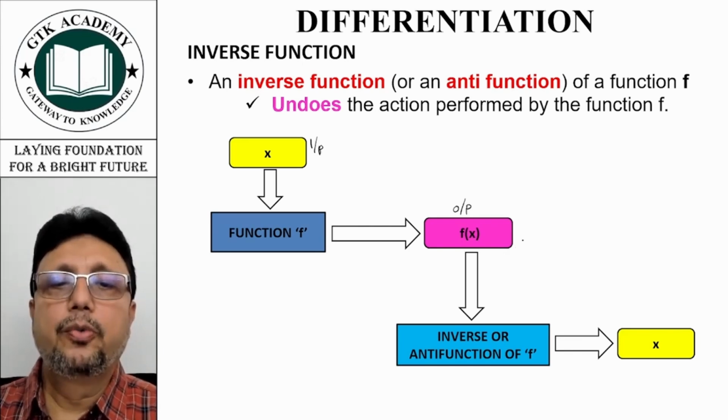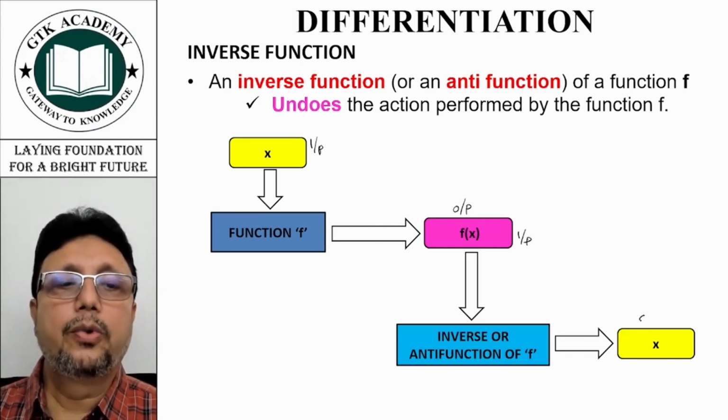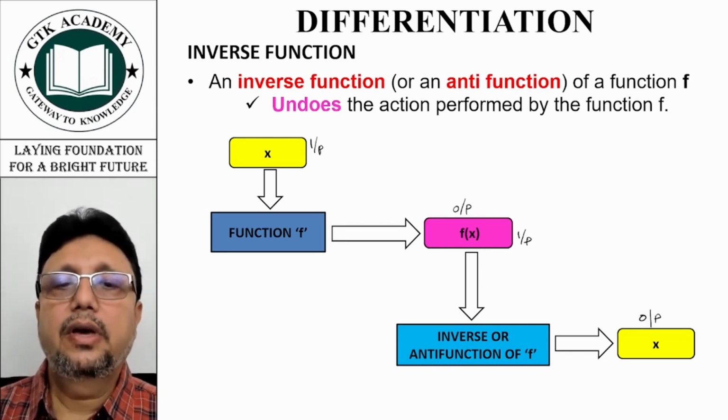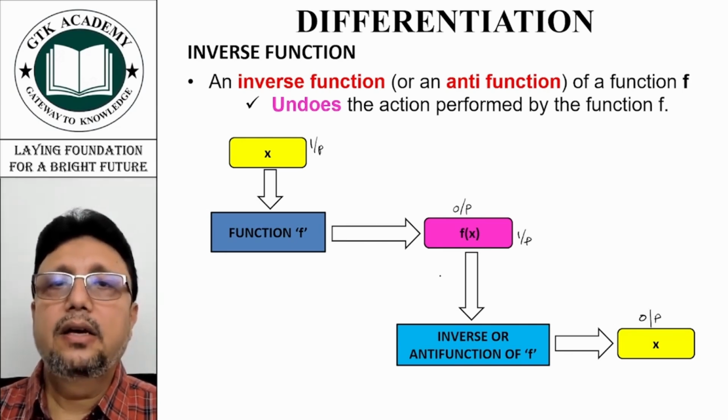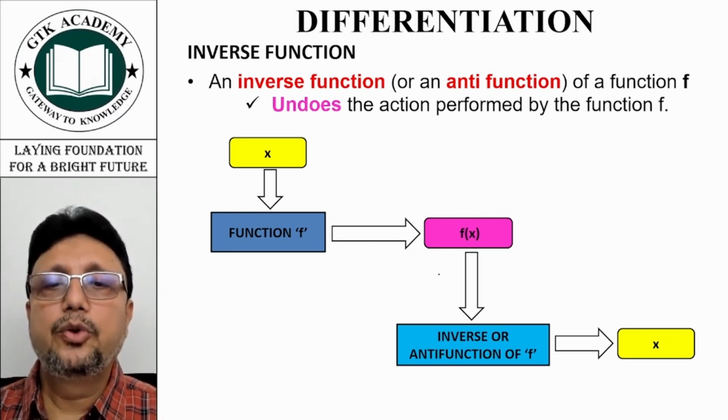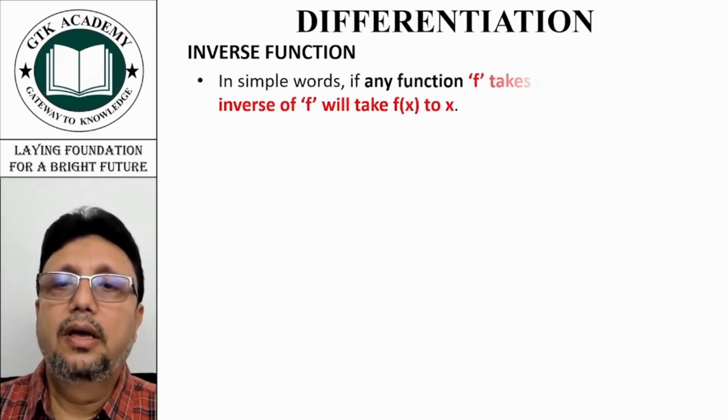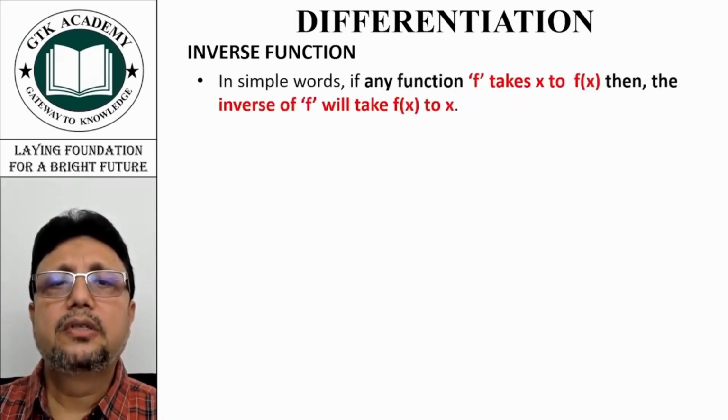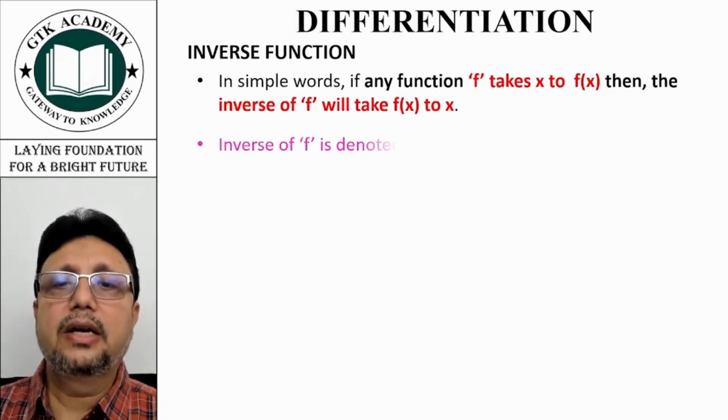The same output you put in the anti-function as input and you get the output as x. Okay. So I think this must be clear to you. So in simple words, if any function takes x to f(x), then inverse will take f(x) again back to x.